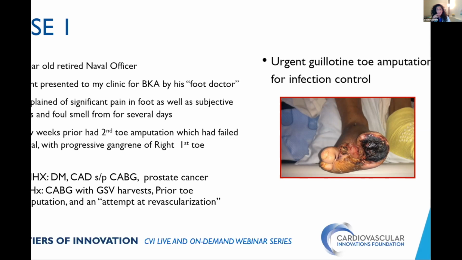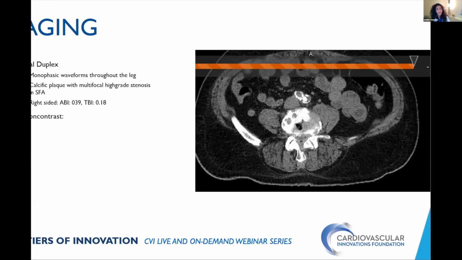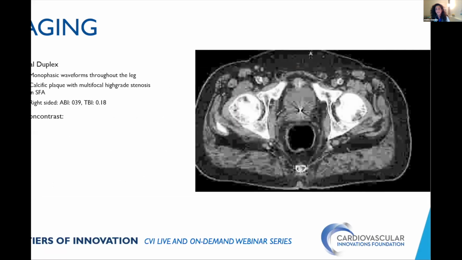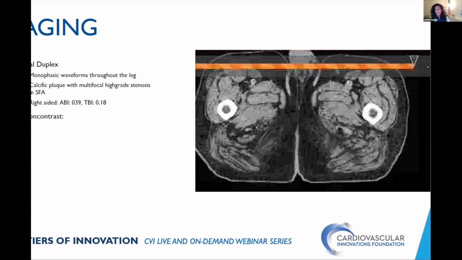His past medical history is notable for diabetes and coronary disease. Of course, he had CABG with bilateral GSVs harvested, prostate cancer, et cetera, and he had a prior attempt at revascularization somewhere else, and I didn't really know. Because of his prostate cancer history, he had a CT scan, which I'm going through really quickly on purpose because it was non-contrast.